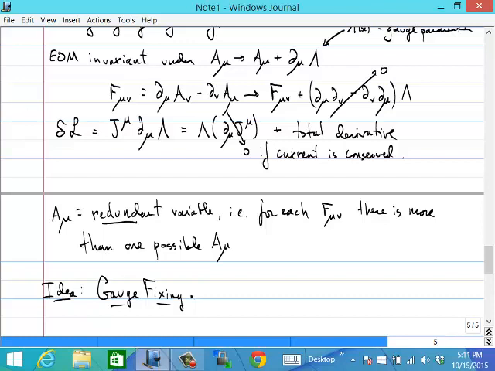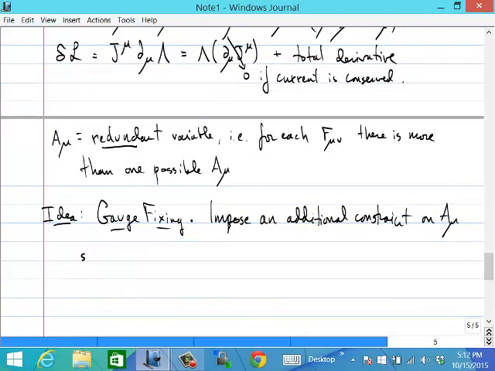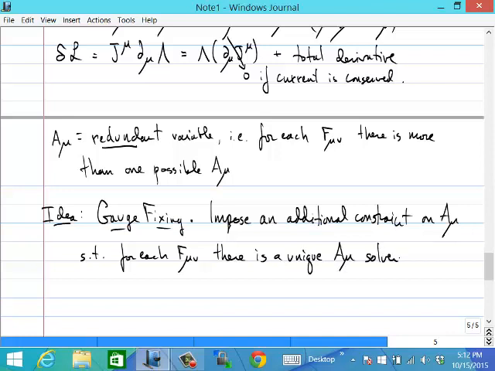The idea is that we should cure this redundancy of the field variable A by imposing an additional constraint on A mu such that for each F mu nu, there is a unique A mu that solves the constraints, satisfying these constraints.